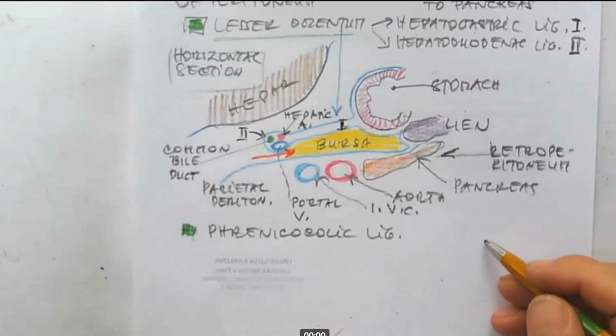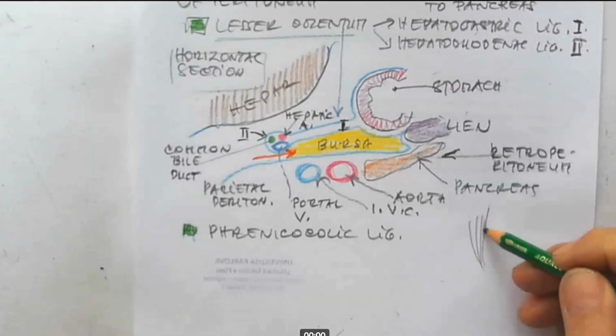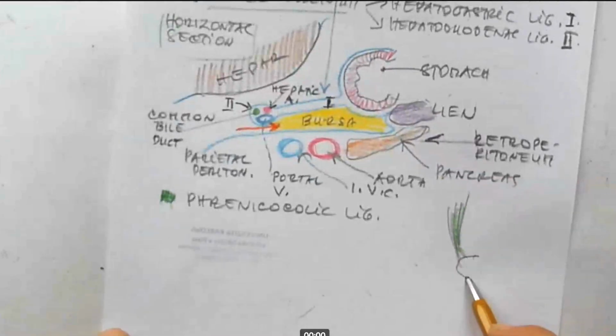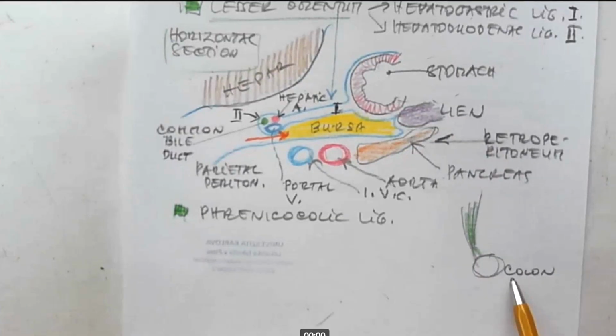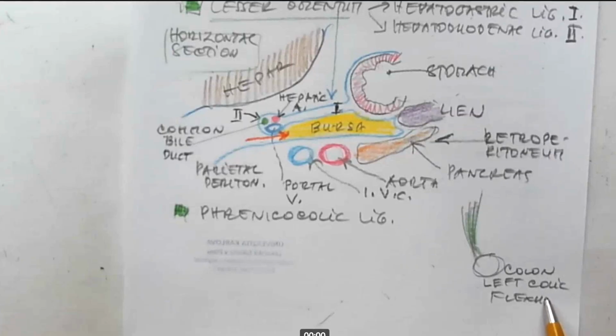Just sketching, if you see the diaphragm, there is a ligament in green. It is distant from the diaphragm, being attached to the transverse colon. This is the colon, the transverse colon, in the left colic flexure, because we know that this is on the left side, left colic flexure, correct.